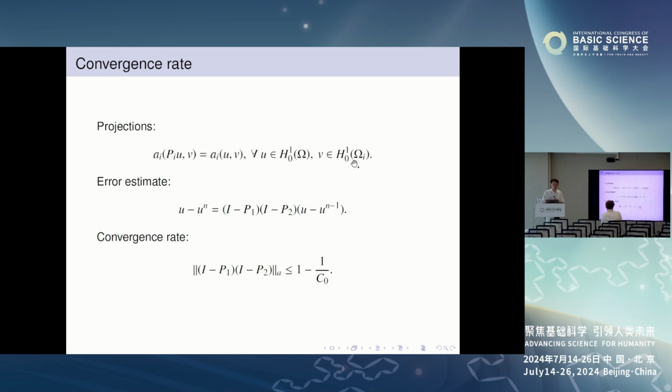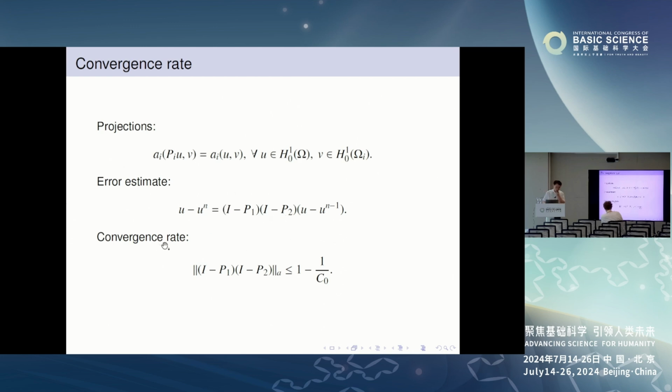This H01 by the zero extension is exactly a subspace of H01. So you can define this projection, this Pi. This is an energy projection because it depends on the bilinear form ai. So actually the above Schwarz alternating procedure can be expressed as an error estimator using this projection, written down like this. Okay, this is very famous.